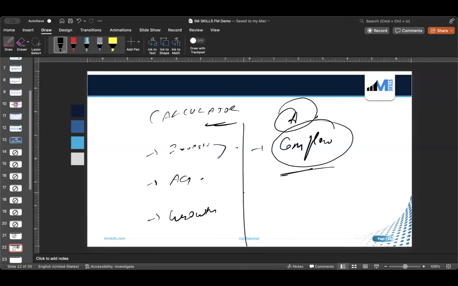And interestingly, it's not something that only the finance companies look for. Every company, whether it is a startup, whether it is an established MNC, whether it is operating in India, whether it is operating in America, whether it is an emerging market or a developed market, product based, service based, every type of organization needs a financial model to take strategic decisions.